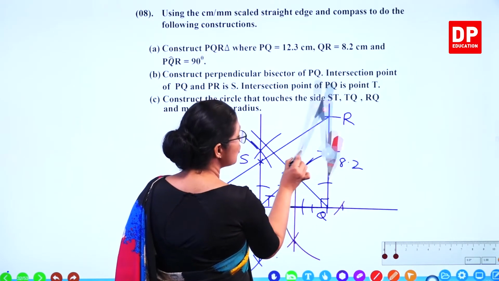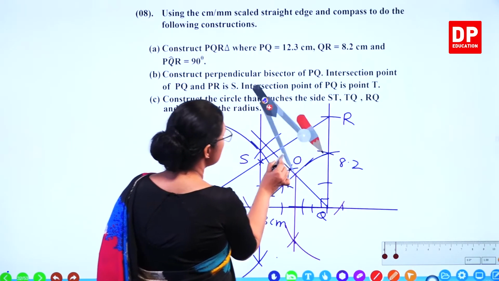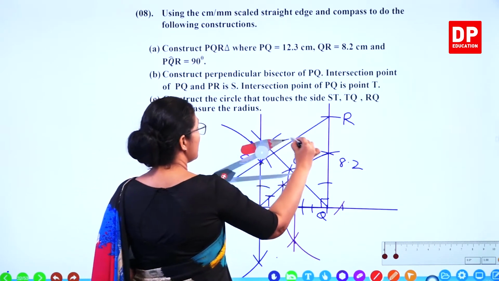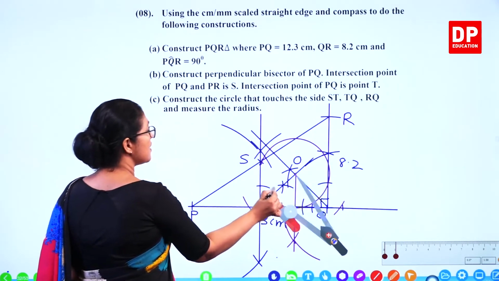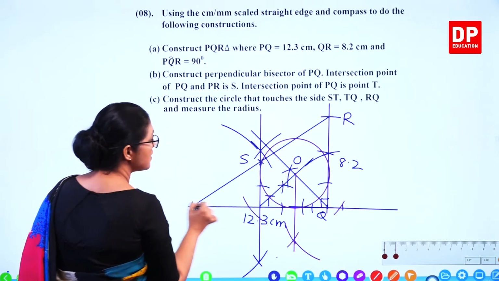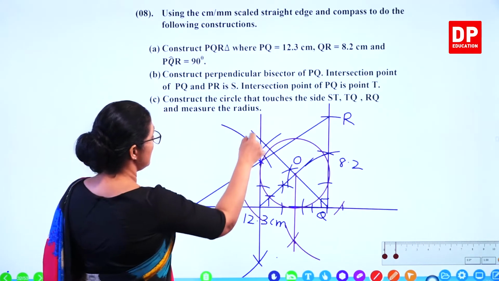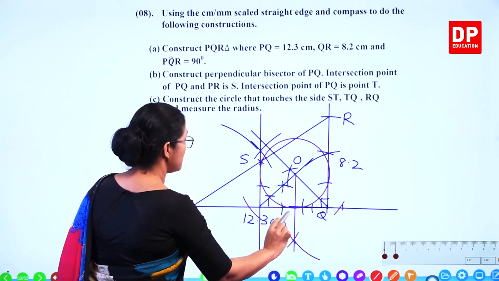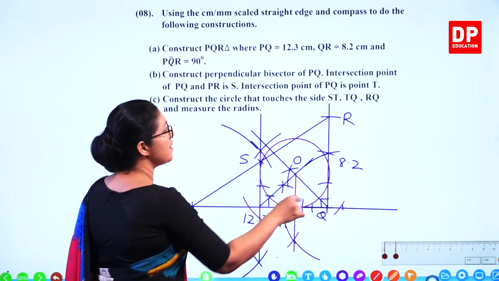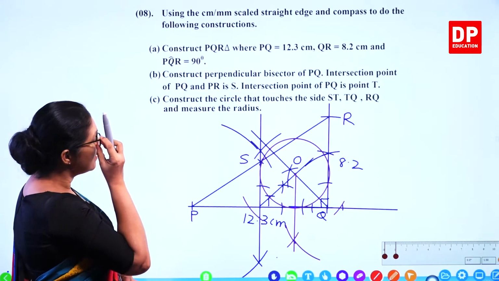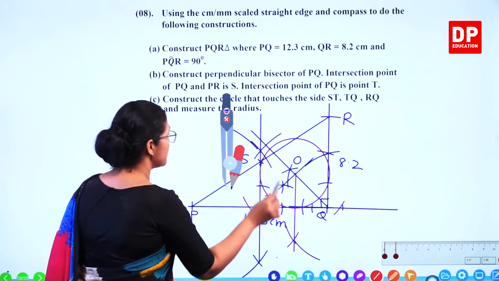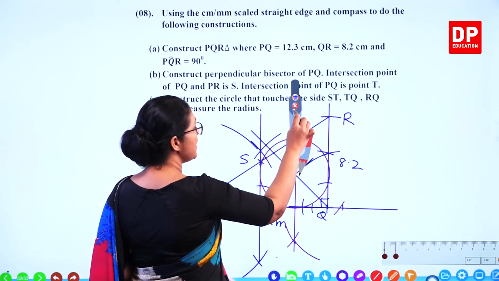Now we'll see it should touch at this point and this one. So here we can get the circle that touches ST, TQ and QR. So that's the circle, and we need to measure the radius and write it down. So what's the radius?